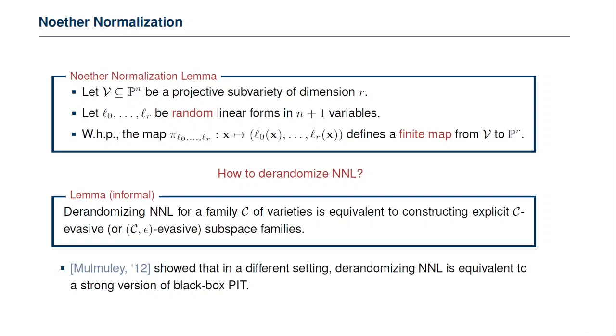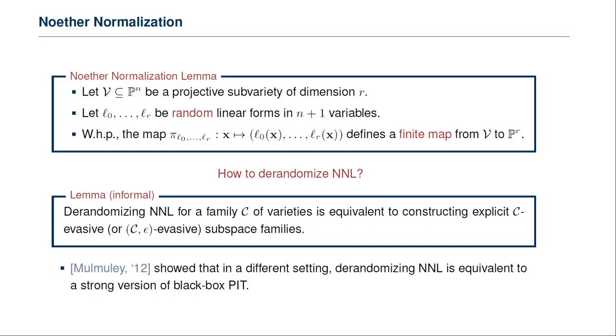I also want to remark that in the literature, there's also work in computer science about Noether normalization. In particular, the paper of Mulmuley studied Noether normalization, but that paper is in a different setting. In his paper, the dimension of the ambient space is exponential, and the linear maps are specified in a very succinct way.